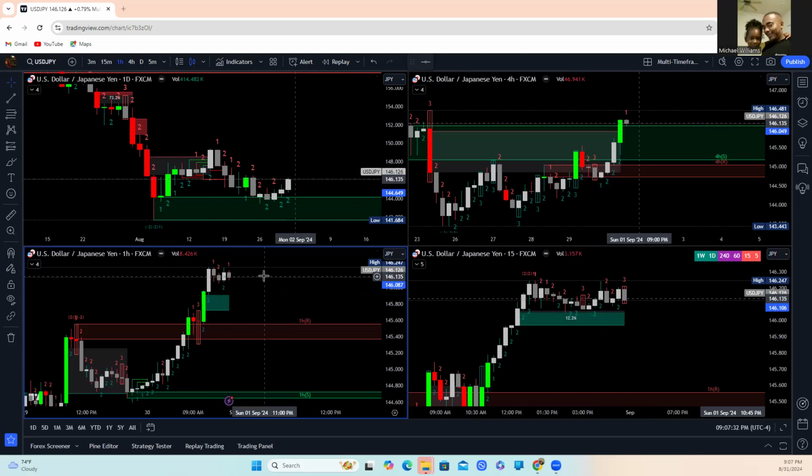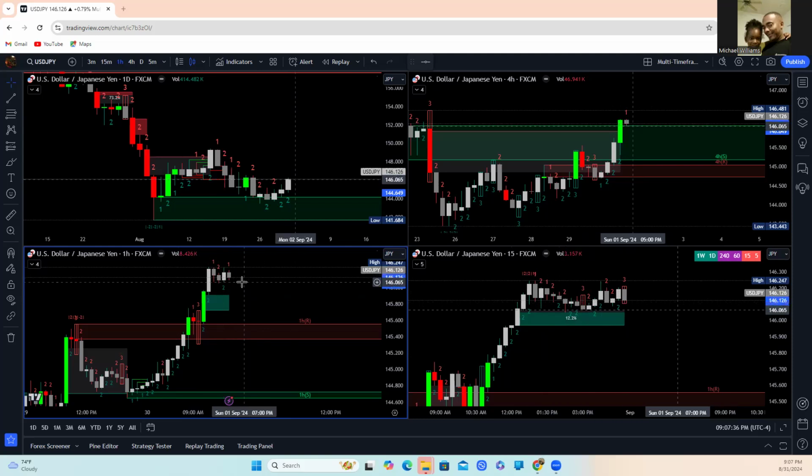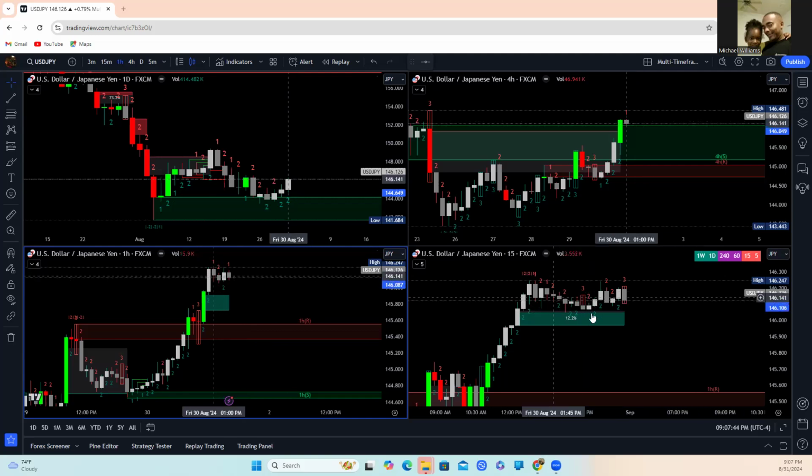We'll see what ends up happening because of the consolidation right here, but it could be a resistance zone on the 1 hour. But again, price stopped because of this fair value gap.